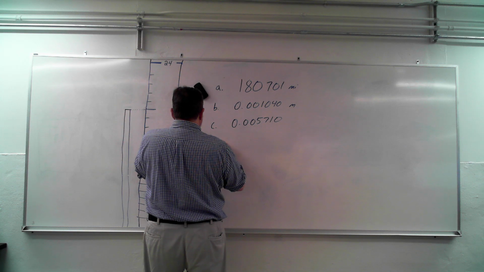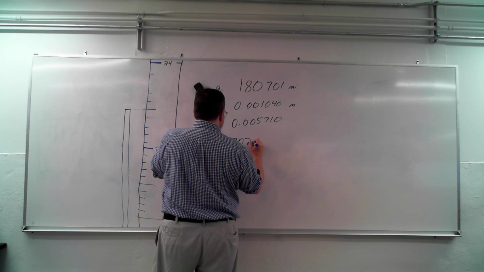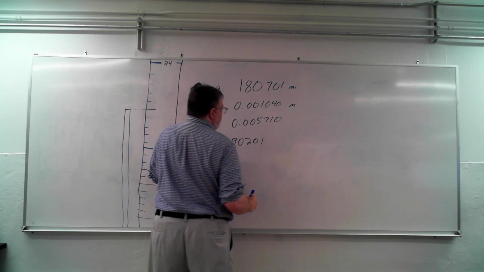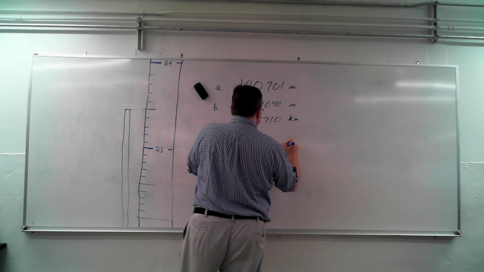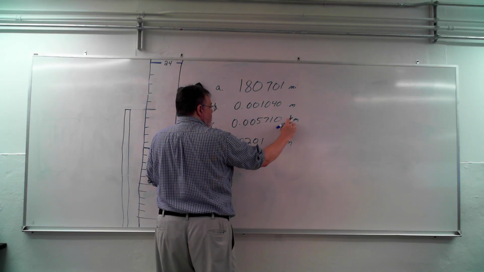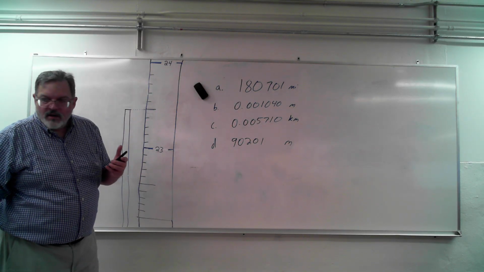This problem is asking you to identify which of these zeros count towards significant figures and which ones do not. You can ignore the units. That's miles, meters, kilometers, meters, but you can ignore those in this problem. Just look at the numerical value.